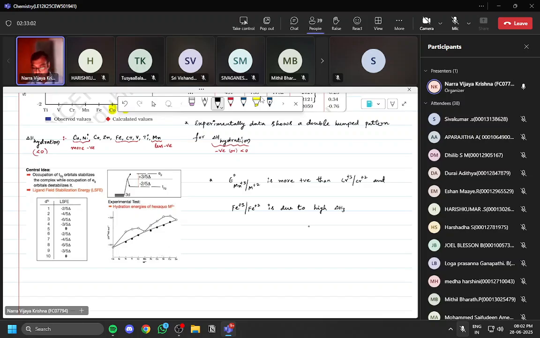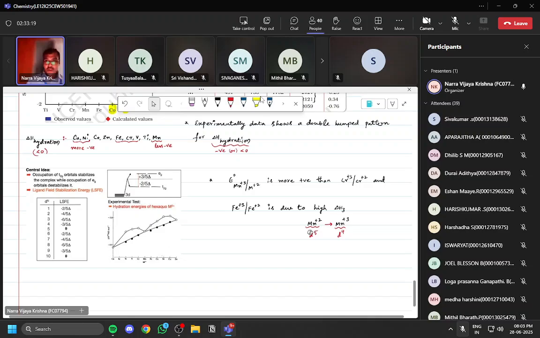Correct? Reason: in Mn+2 the configuration is d5, whereas in Mn+3, d4. Understood? Now coming back.